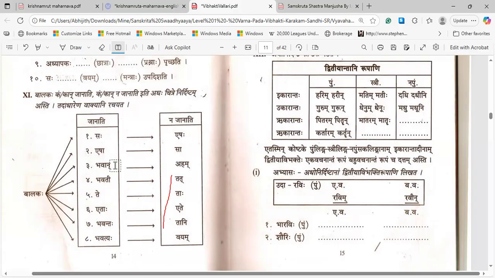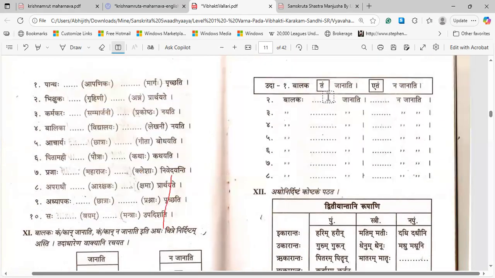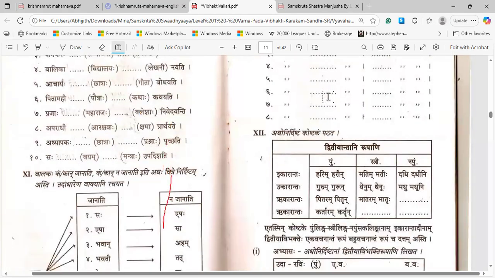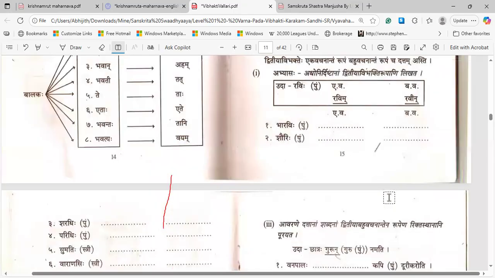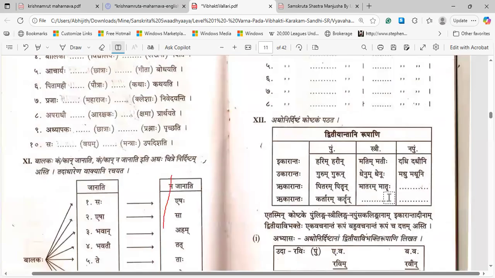So that we will go through tomorrow. And then after that, we will look at the Dvitiya Vibhakti for other words. This will be the last exercise: Ikaranta, Ukaranta, Rakaranta, Pullinga, Strilinga, Napumsakalinga. And we have 2, 3 exercises of this.